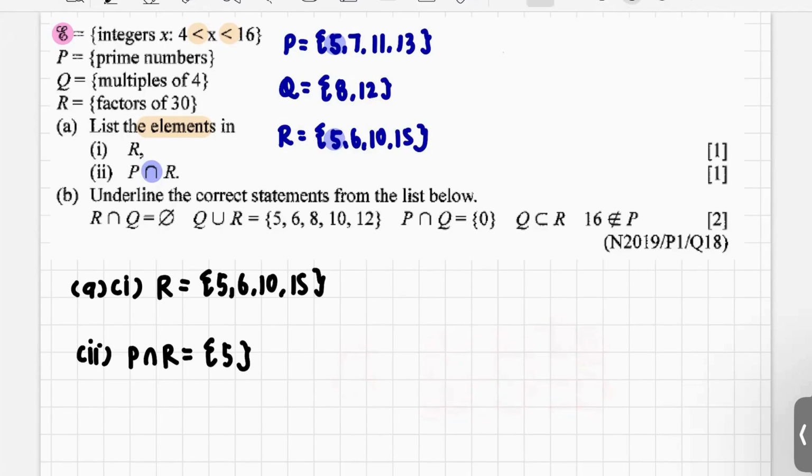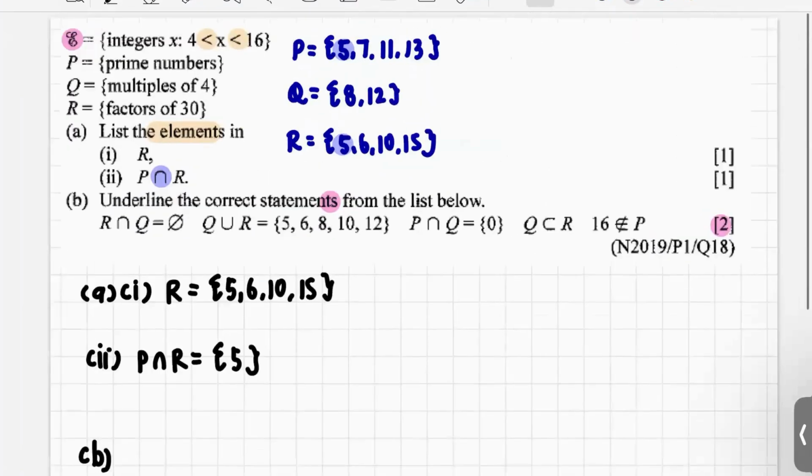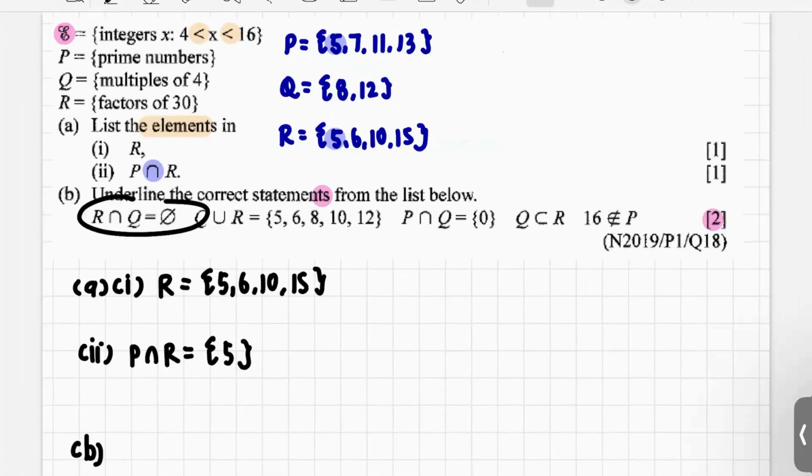Then we're looking at the last portion. They're asking you to underline the correct statements. Take note, the question says statements, with an S, and it's 2 marks. That's a very obvious hint that you are going to choose 2. Let's see what we have here. We look at the first one. What does this actually mean?